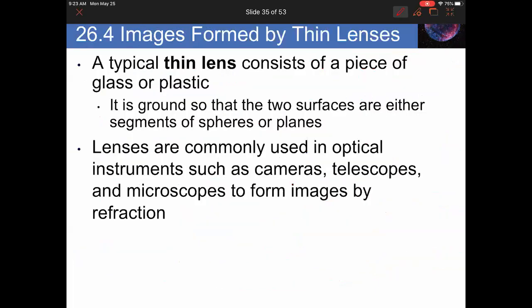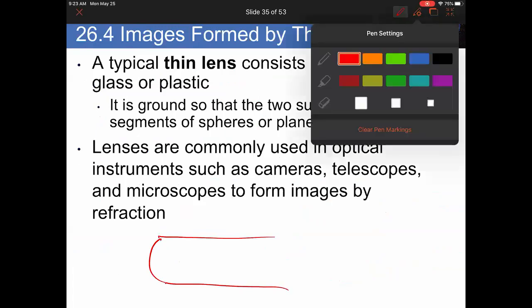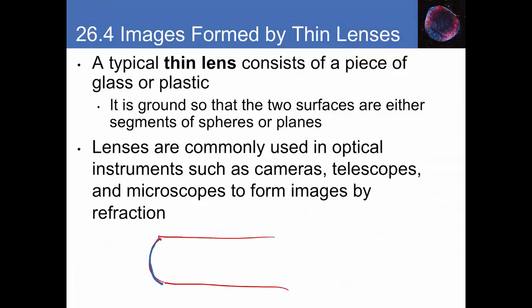All right, the last thing we're going to consider is thin lenses. A typical thin lens consists of a piece of glass or plastic. If this was the plastic rod we considered before, now I take the surface and carve another one like this, and get rid of the rest of the material.